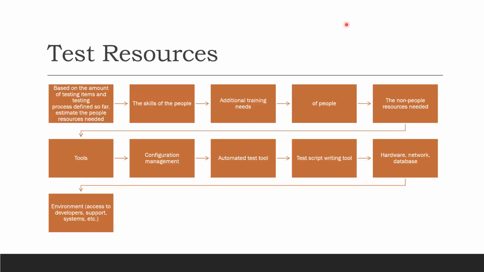Very good. For the testing resources, as we explained already quite a few times, testing resources really involve the employees and everything else that has an expense, right? So this is important actually, the skill of the people or the employees.